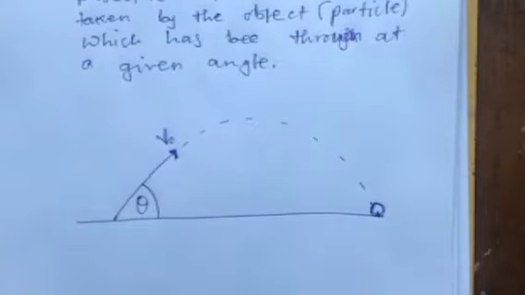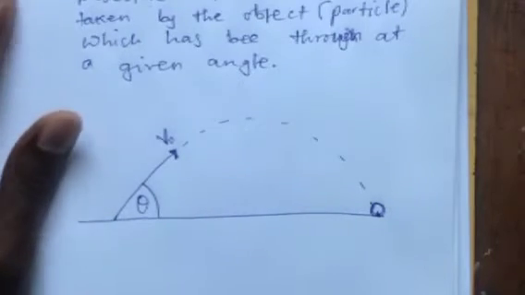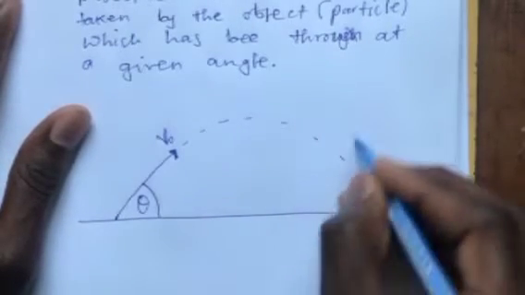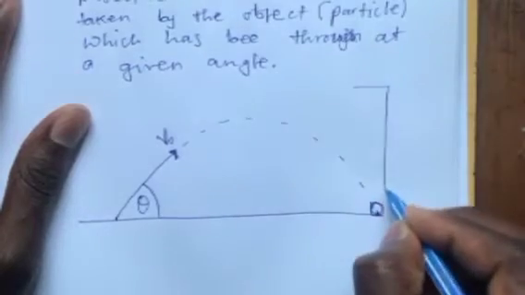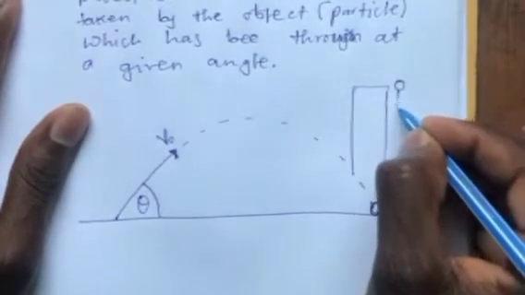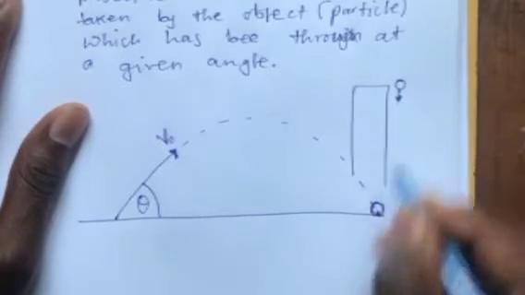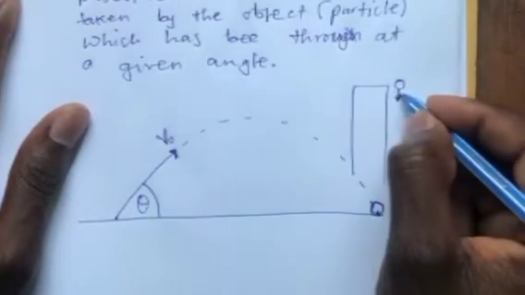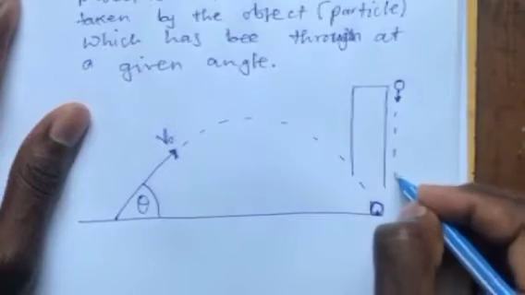Remember under free fall, if an object is falling, what exactly makes it fall down is its acceleration due to gravity. The force of gravity is the one which makes it move downwards. So if you drop an object from a given height, you are dropping it vertically downwards. Since it is moving downwards, it is supporting gravity.